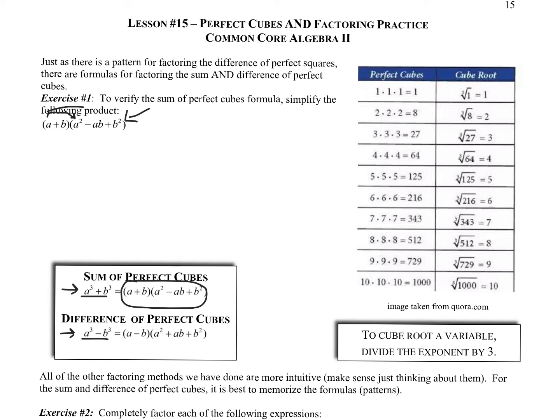So I'm going to triple distribute here. So we have a cubed minus a squared b, and we did this in Unit 1, this type of problem. You just didn't know it was related to factoring at that time, plus ab squared. So that's my first three distributions. And then we're going to do the next ones.